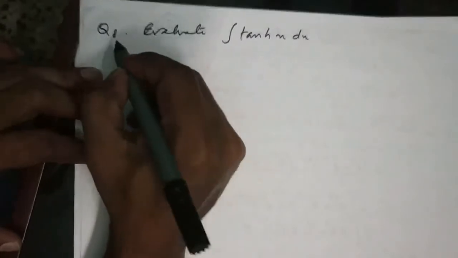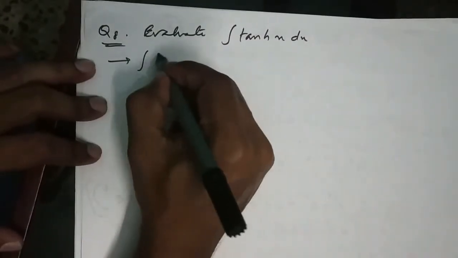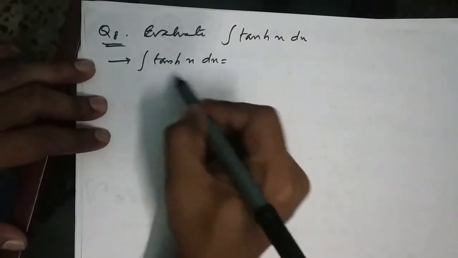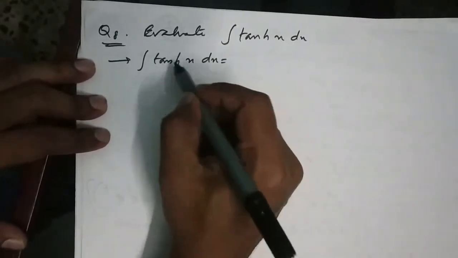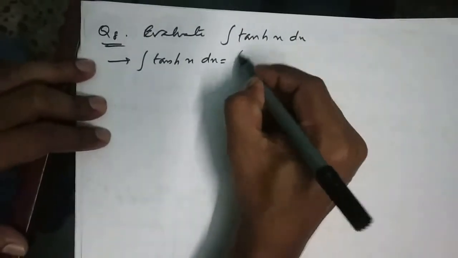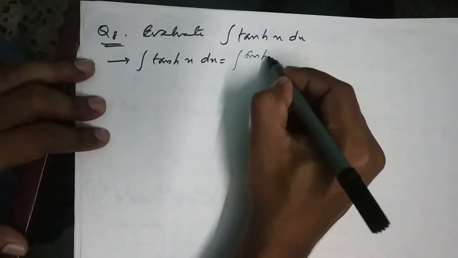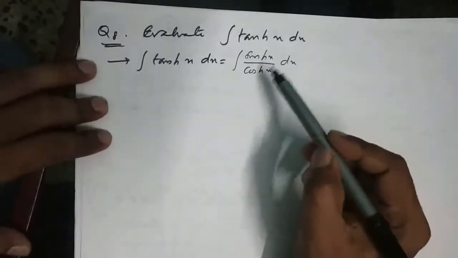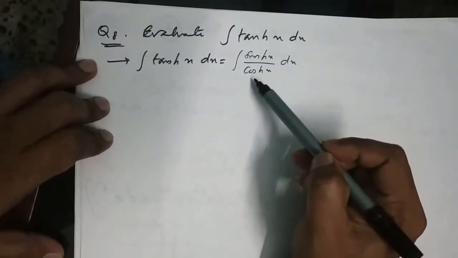Simply, we can find this. The integral of tanh x dx, we can write tanh x as a quotient function, sinh x divided by cosh x. This is the integral of sinh x divided by cosh x dx. So here is sinh x and here is cosh x.